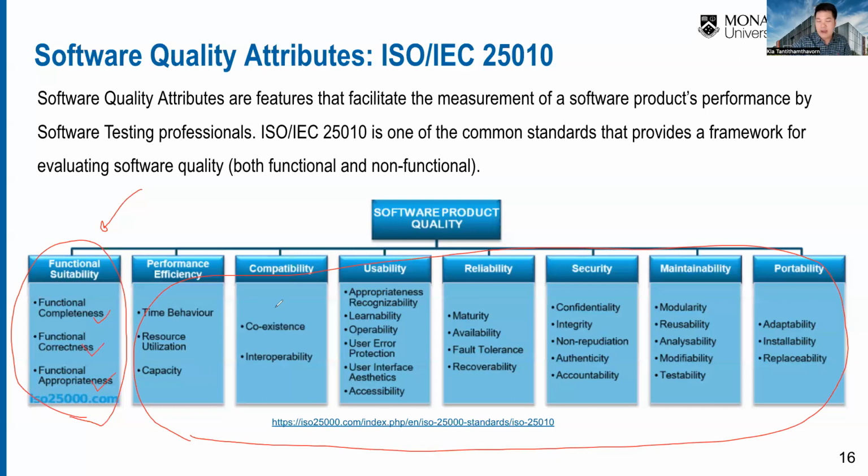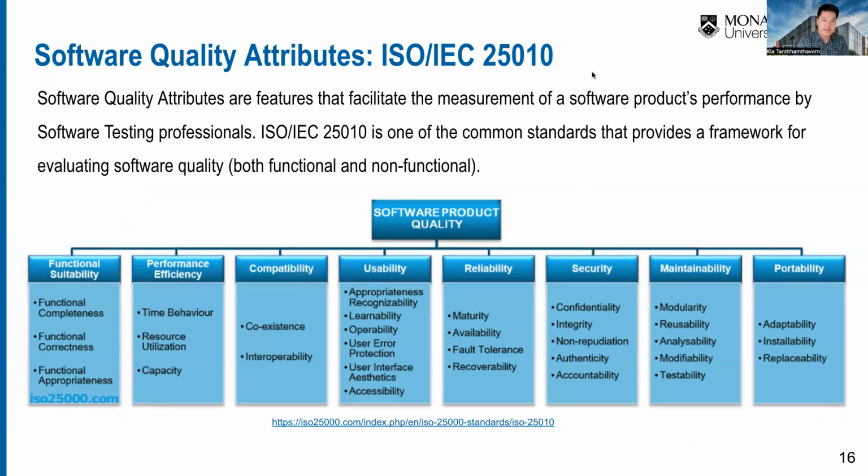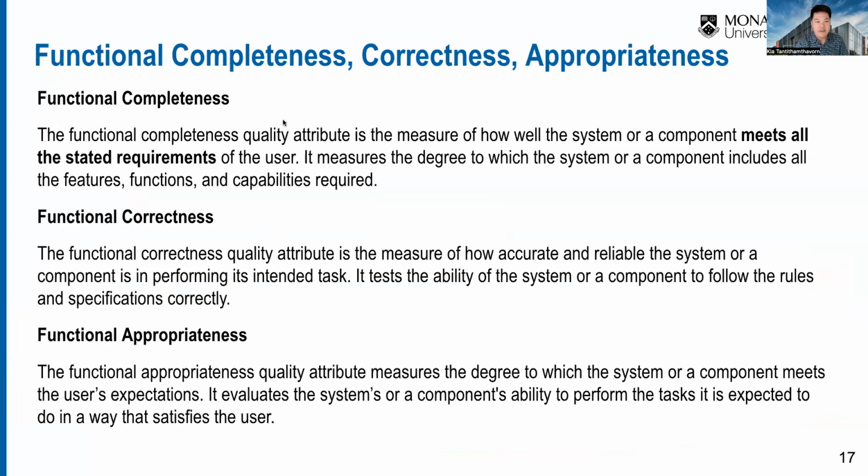Then we extract which ones are related to functionality or non-functionality, and then we can define the quality attributes associated with those requirements. In the next few slides, it basically just defines these quality attributes.